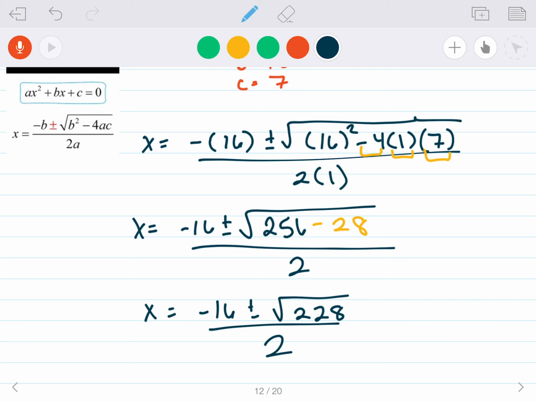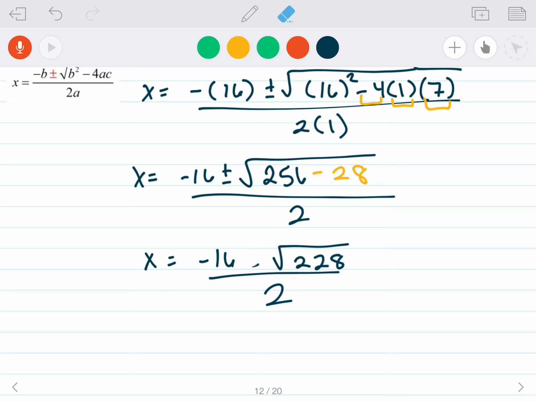You can simplify this if you want, but I don't think I'm going to focus on that in this video about simplifying radicals. You can just leave it like this because this isn't a perfect square. So you have two answers, and they're weird answers. They're decimals. They're irrational numbers, but that's okay. The first place it's going to cross the x-axis is at negative 16 plus root 228 all over 2.